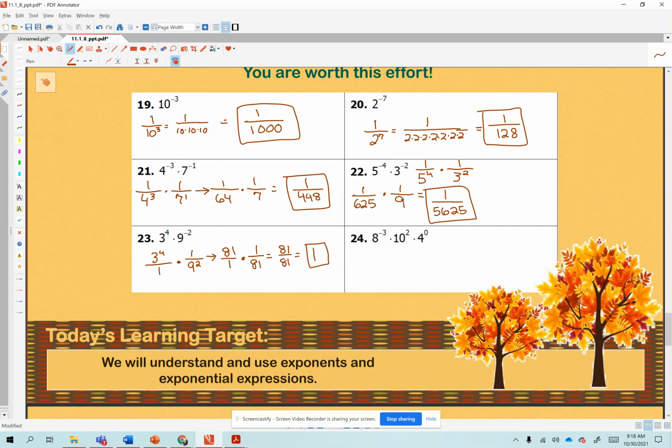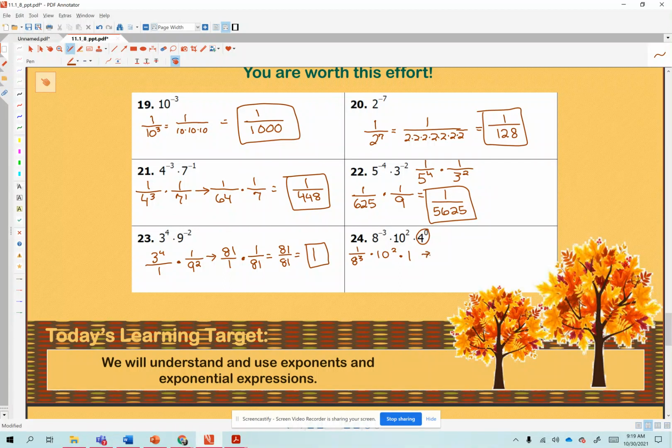So now we're going to use the zero exponent rule, so that should be fun. So we have 8 to the negative third, which we will write as 1 over 8 to the third, times 10 to the second power, times 4 to the 0 power. Well, anything raised to the 0 power equals 1.